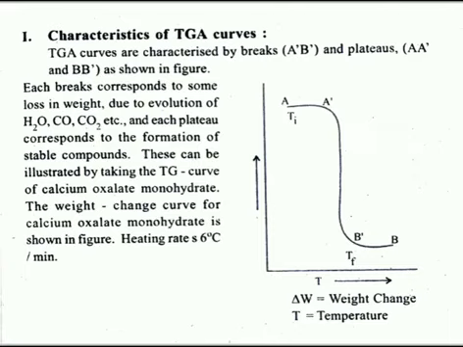The substance is heated or cooled. During the heating there is a change in the weight of the substance, and the change in the weight is plotted according to the change in the temperature. So the plot we are getting is called a thermogram. From the thermogram we are going to analyze the substance.